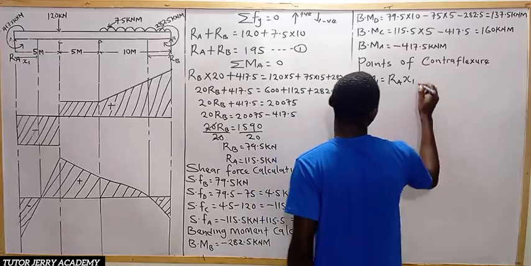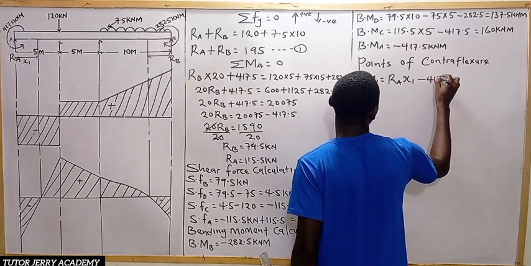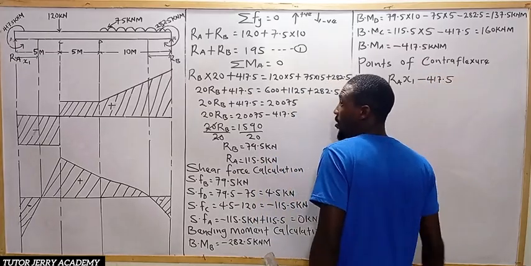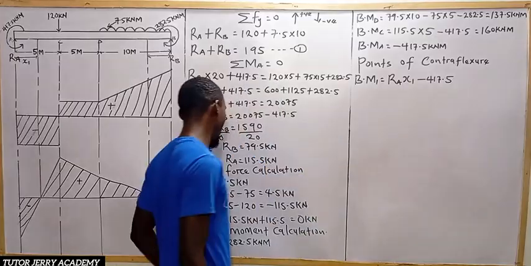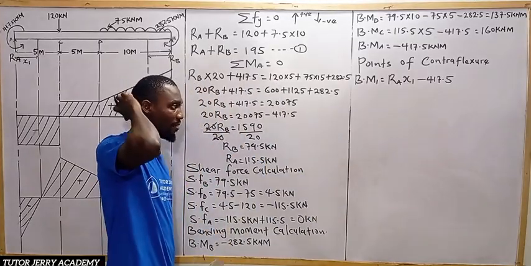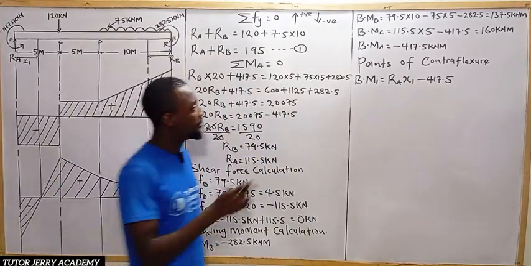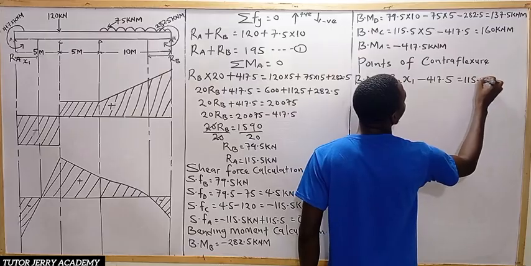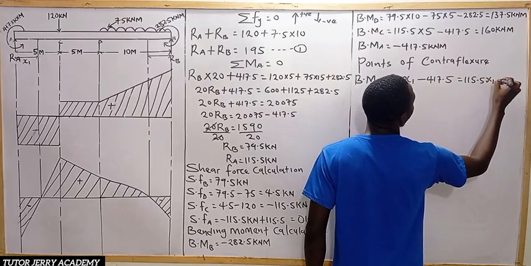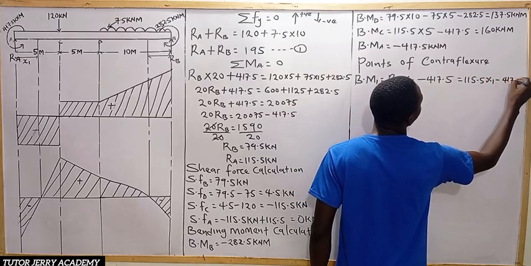So it's going to be negative, so we are going to have minus 417.5. We know the value of our RA, which is 115.5. So we are going to have this to be equal to 115.5 S1 minus 417.5.